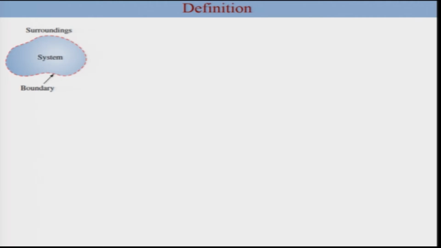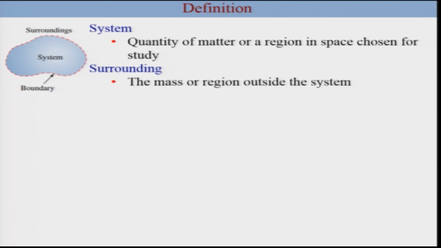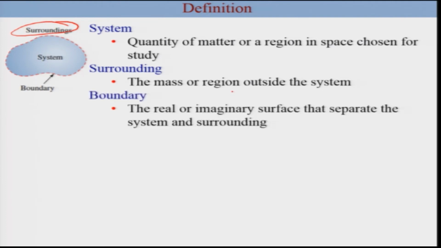Of course, the system is separated from the surroundings through a fixed or some kind of fictitious boundary. The system is basically a quantity of matter or a region in space chosen for study, and the surrounding is the mass or region outside the system, and the boundary is a real or imaginary surface that separates system and surrounding.